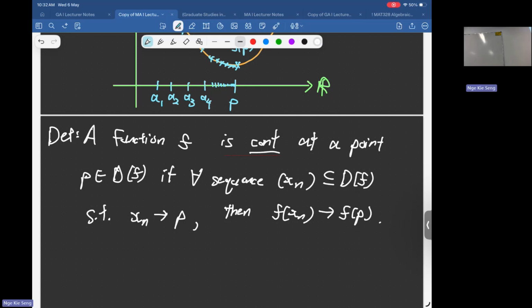Yes, I disagree with the definition. Why? Because you didn't check the domain. For example, consider the domain is the rational numbers.